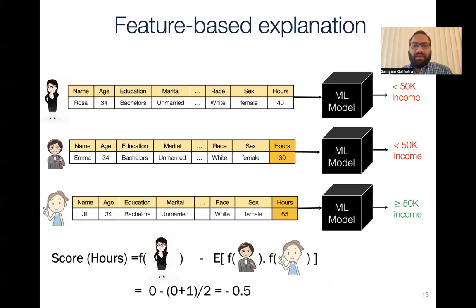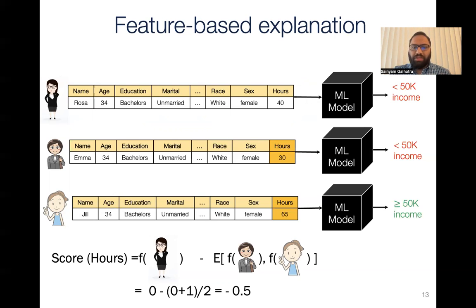For example, let us consider Rosa as the input instance again, and we want to calculate the counterfactual score for the feature hours of Rosa. This approach identifies other individuals that have the same value as that of Rosa for all attributes except hours. So here it identifies two individuals, Emma and Jill.